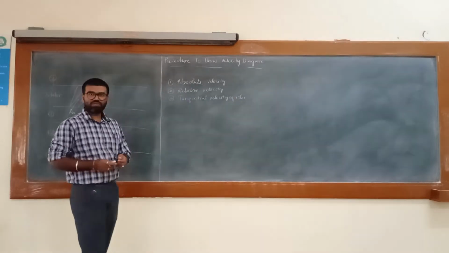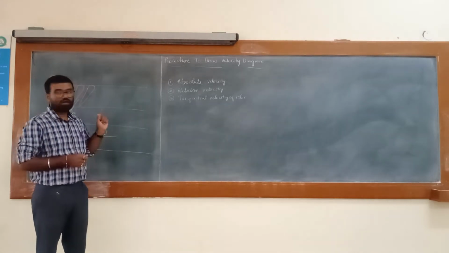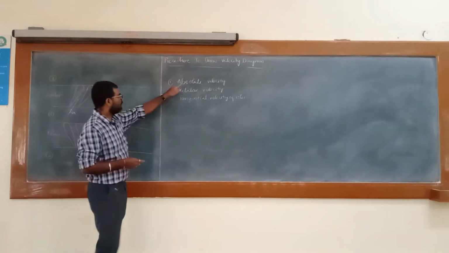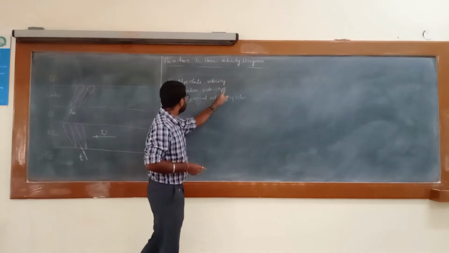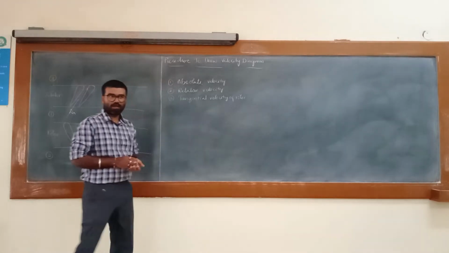These are the three velocity components which make the three sides of the velocity triangle: absolute velocity of the fluid, relative velocity of the fluid, and tangential velocity of the rotor.